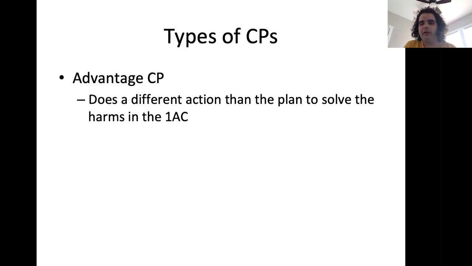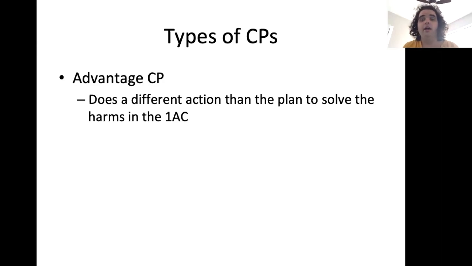An advantage counterplan might be, instead of doing implicit bias training, let's institute a nationwide duty to intervene policy, right? It's a totally different policy. It attempts to address the same thing, police violence, but it's a different policy. So it's called an advantage counterplan because it solves the advantage without doing the plan.